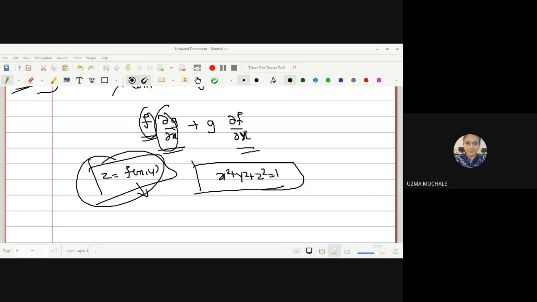Okay. Yes, anyone else can make the effort for this function, z is equal to f of x.